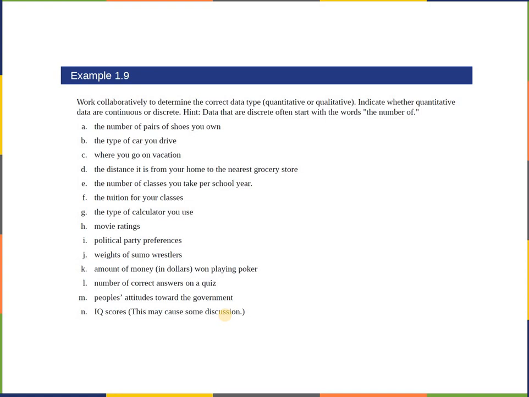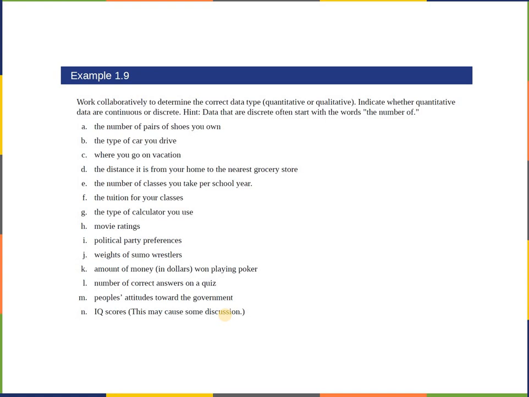J, weights of sumo wrestlers. This is going to be quantitative. And since those wrestlers can have fractions on the scale when they weigh themselves, we're going to go with continuous. So the weights of sumo wrestlers is quantitative, and it is continuous data.